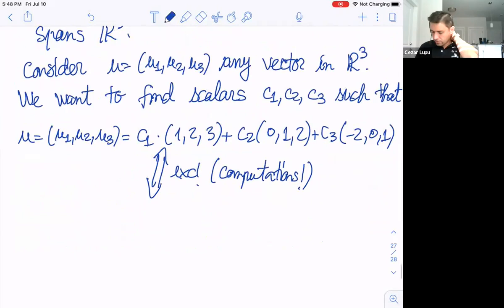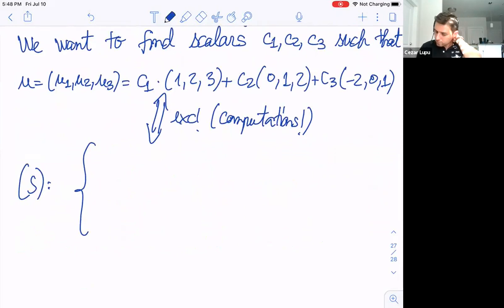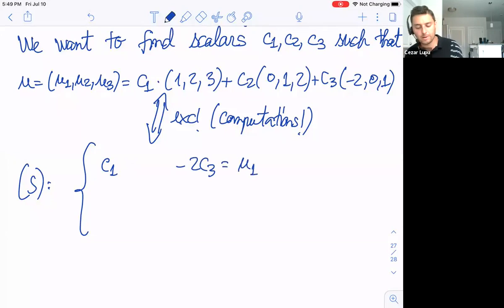After some computations, you'll get the following system. C1 minus 2C3 is U1, right?